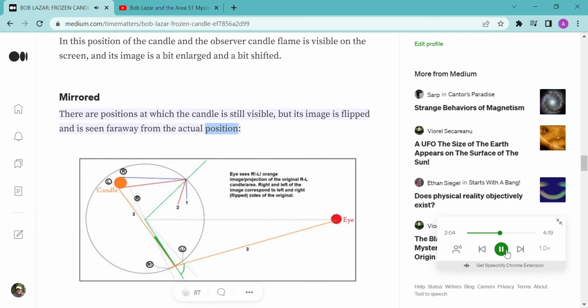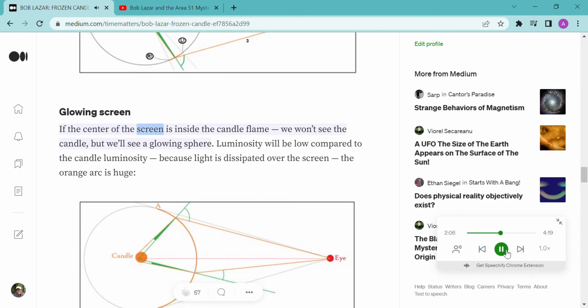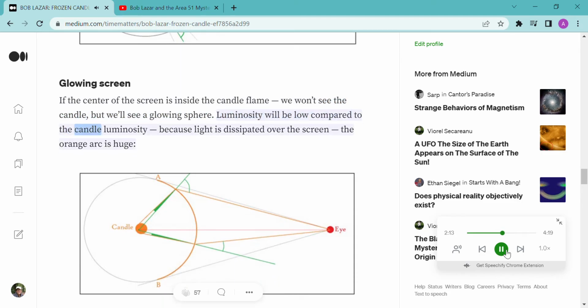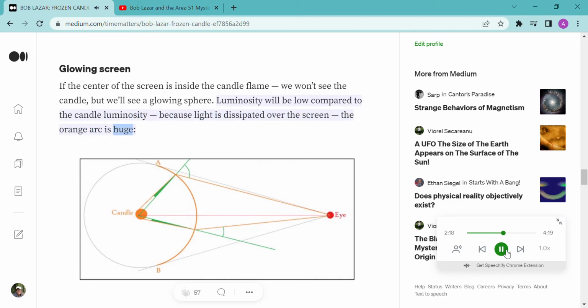Position: glowing screen. If the center of the screen is inside the candle flame, we won't see the candle, but we'll see a glowing sphere. Luminosity will be low compared to the candle luminosity, because light is dissipated over the screen. The orange arc is huge.